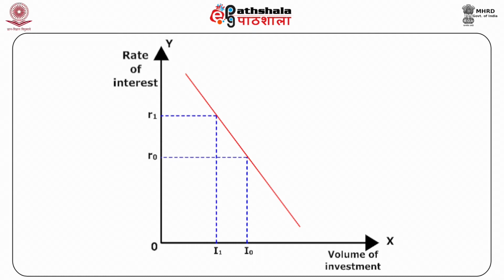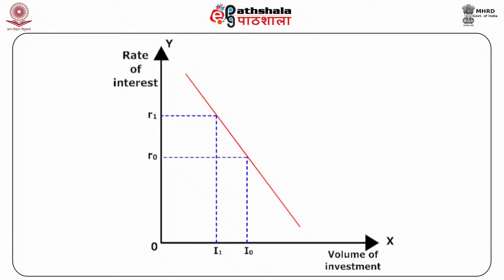For the present, all that we need to know is that along the investment function, which is downward sloping, if the rate of interest goes down from R2 to R0, then the volume of investment would shift from I1 to I0, given the fact that the level of the investment function is constant.